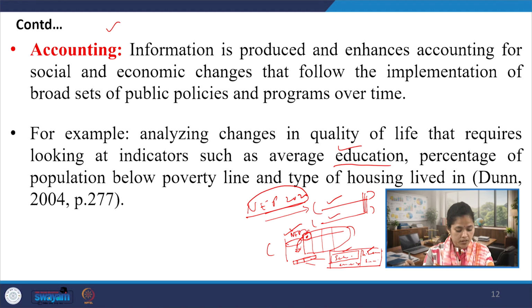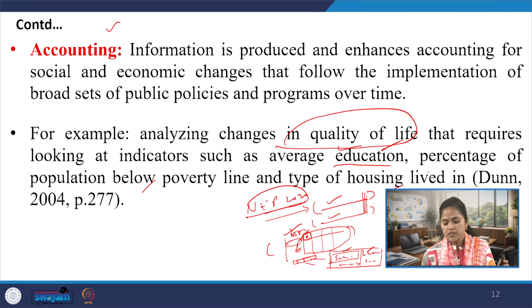In William Dunn's book, we can also find the example of analyzing change in quality of life, which requires looking at indicators such as average education, percentage of population below the poverty line, or even the type of housing lived in. So, for analyzing the quality of life, we have to take into account indicators like education, population below poverty, and the types of housing facilities provided.